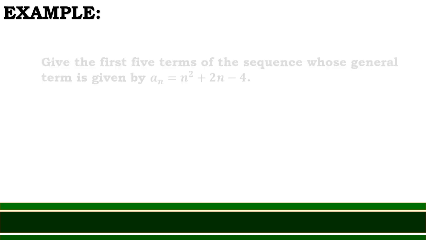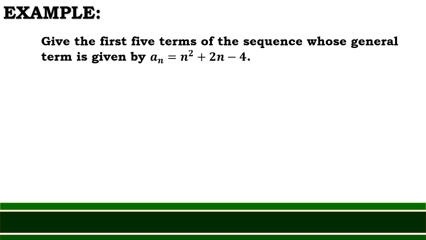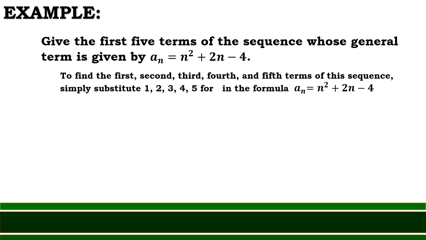Another example. Give the first 5 terms of the sequence whose general term is given by a sub n is equal to n squared plus 2n minus 4. Again, to find the first, second, third, fourth, and fifth term, we will substitute again the values 1, 2, 3, 4, and 5 to the given formula.